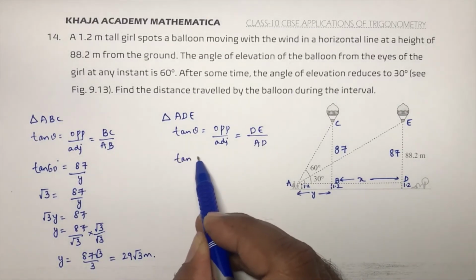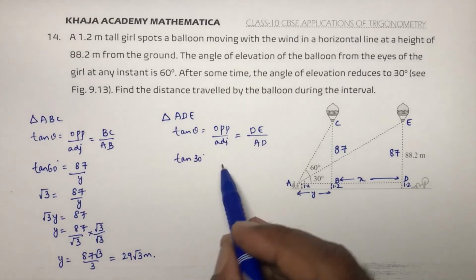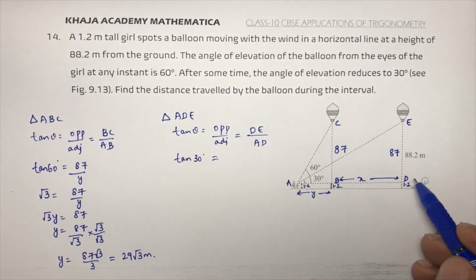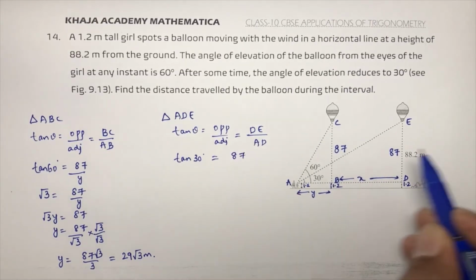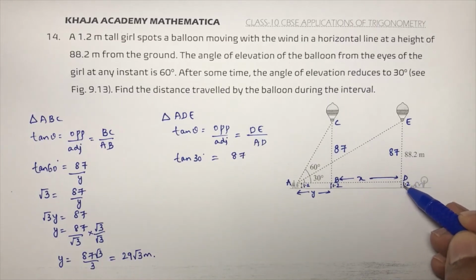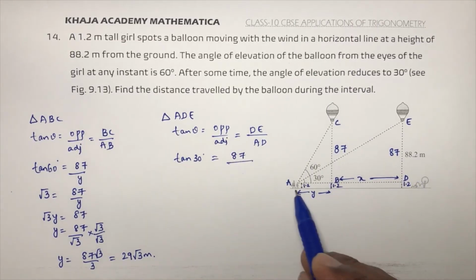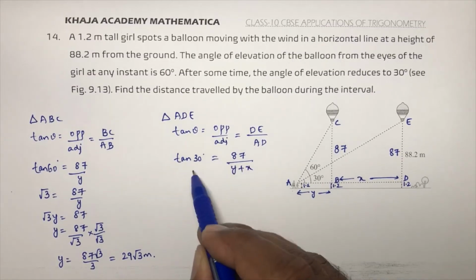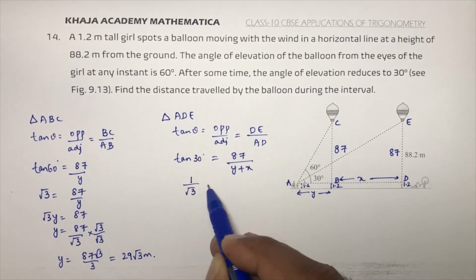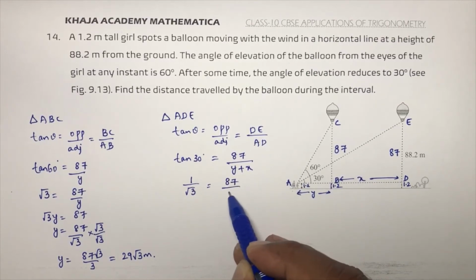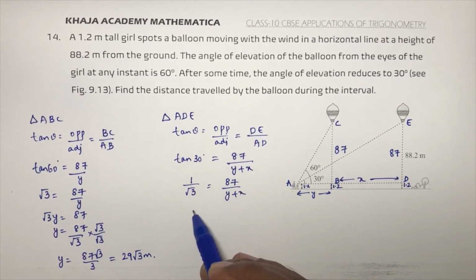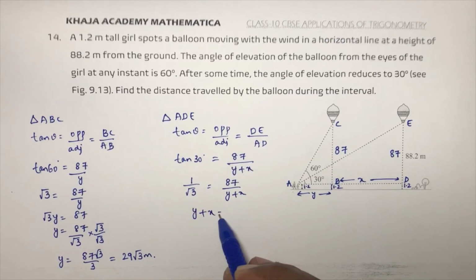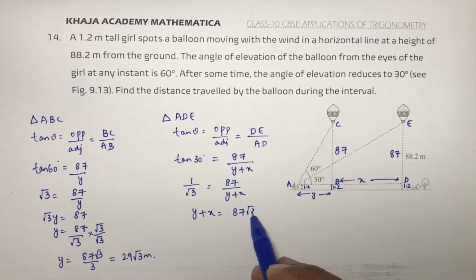So tan 30 equals DE, which will be 87, because total is 88.2, and if we take out 1.2, it is 87. AD is Y plus X. Tan 30 is 1 by root 3, which is 87 by (Y plus X). If we cross multiply, Y plus X is 87 root 3. But the value of Y is 29 root 3.